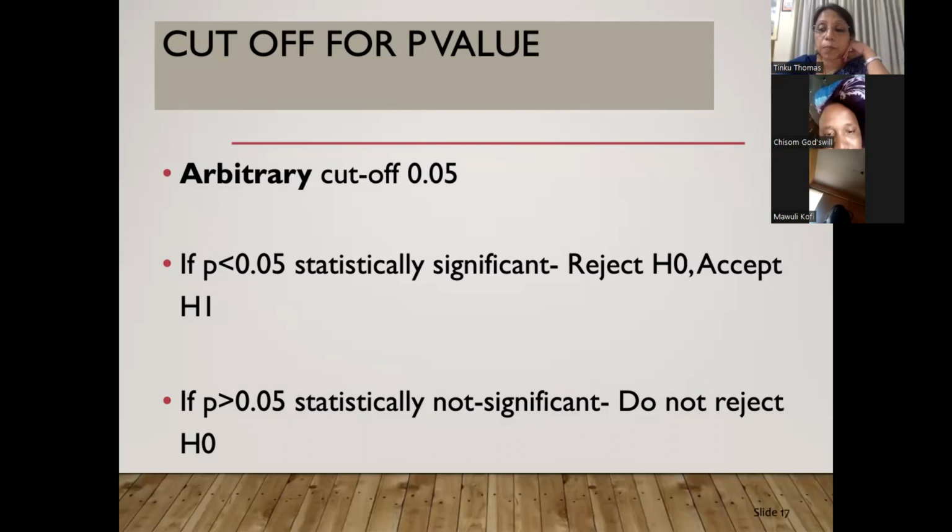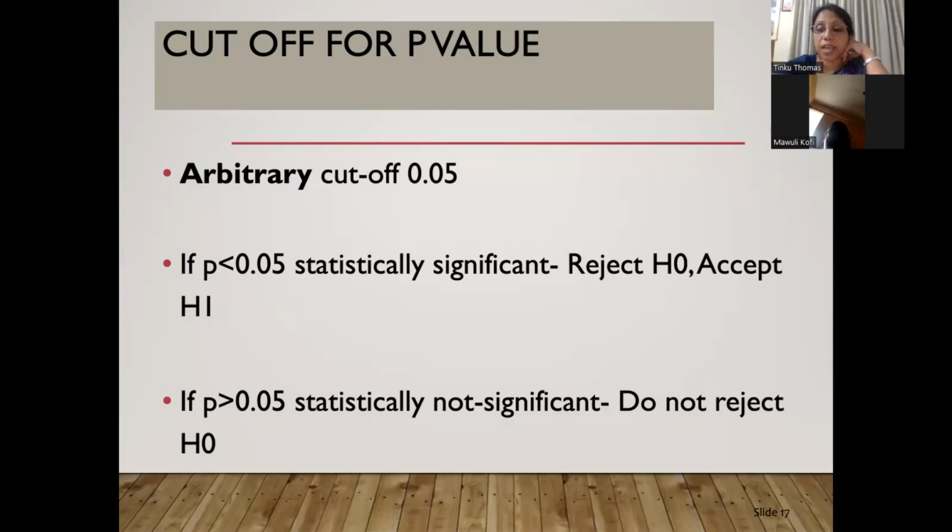But that doesn't mean that they are the same. It's just that you are underpowered. You do not have sufficient sample size to examine that difference, and that is the reason we are getting that non-significant finding. So this is an error that many people make, and I would just like you to note that.